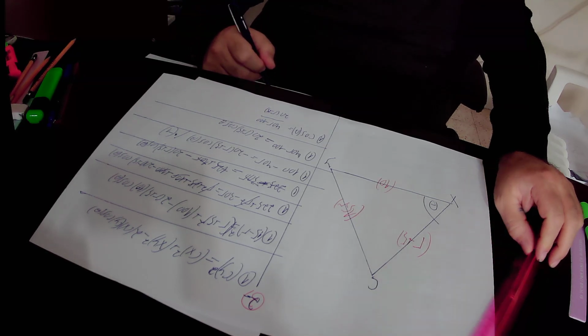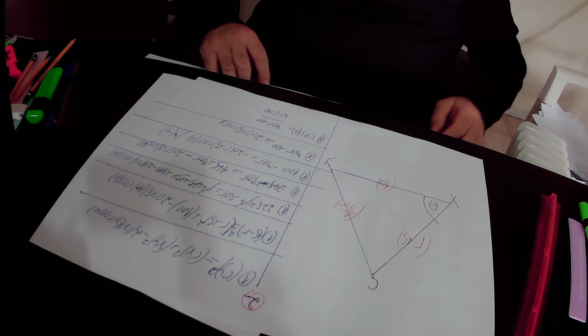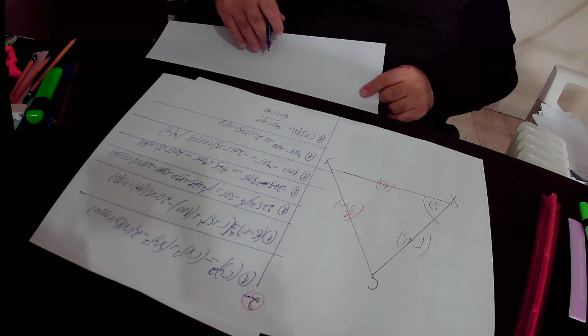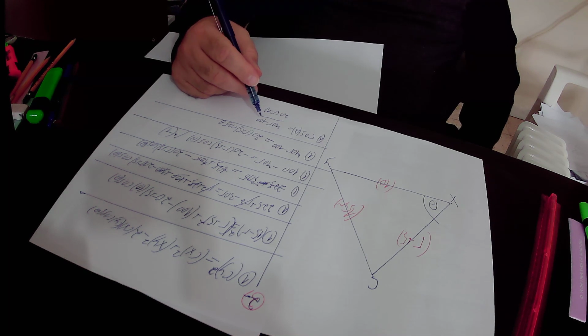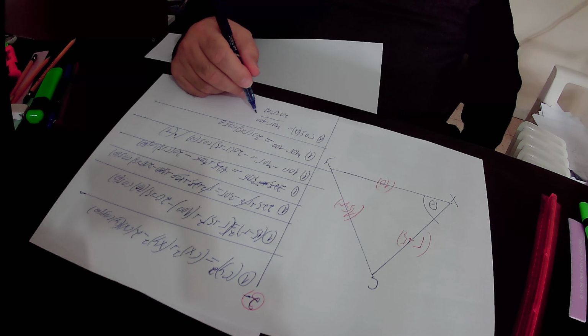So I'll repeat again. Here cosine theta equals 40r minus 100 over 20 times r plus 5.